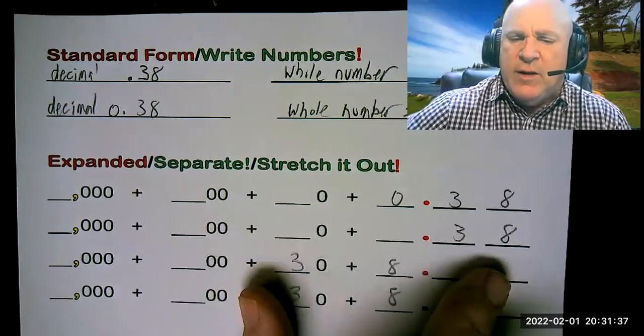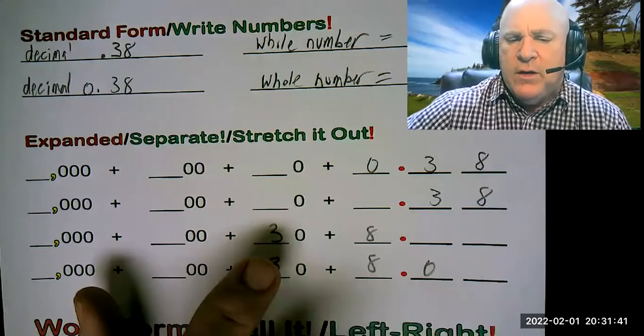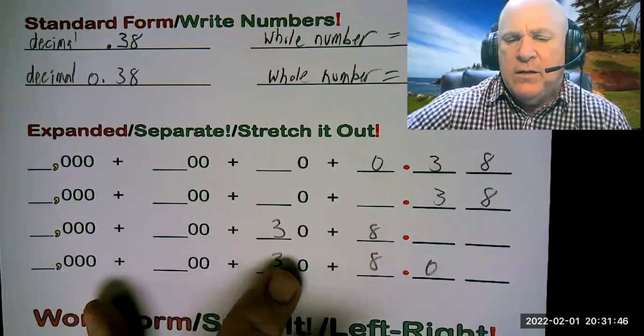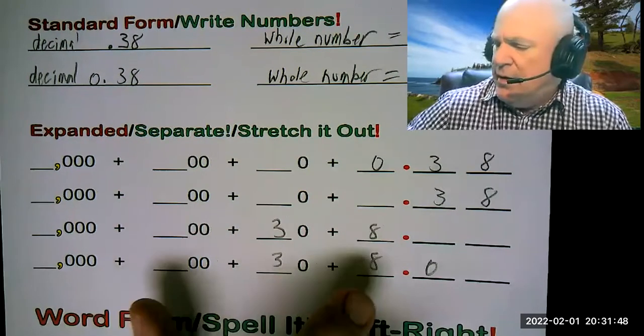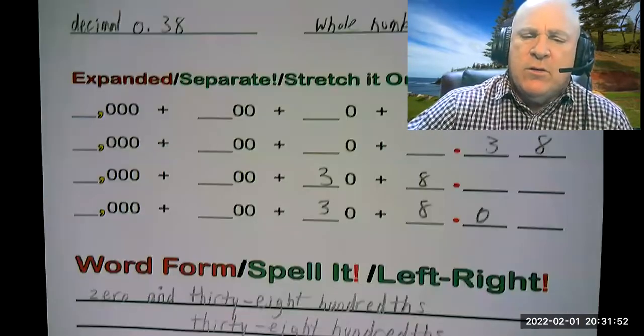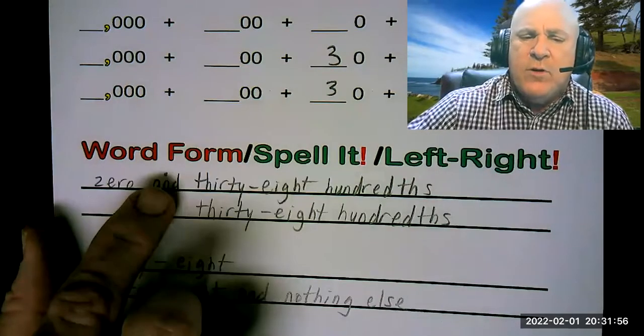If it was the other way, it would have been 3 tens plus 8 ones, or 30 plus 8 and 0 tenths. And finally, what they were looking for, it would be 0 and 38 hundredths in word form, because that's what they asked for.